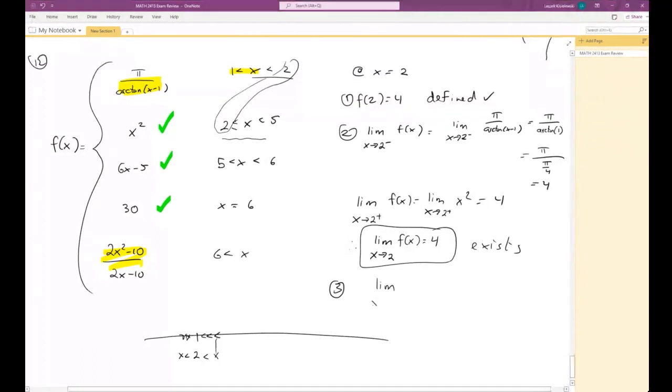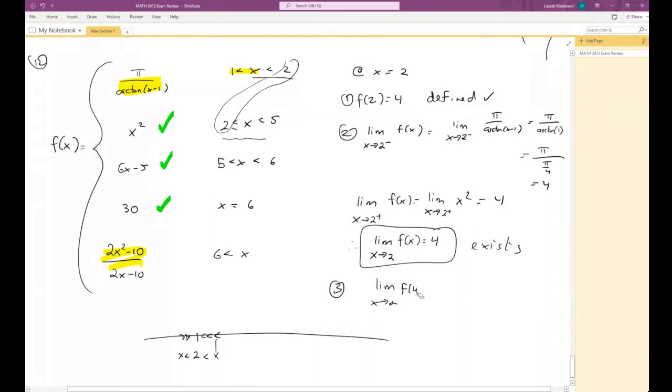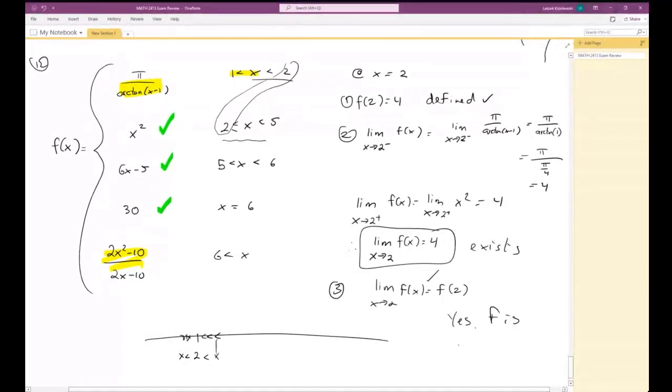So you check for that equality, and indeed we have it. The limit is 4, which is what the function does at 2. So yes, all 3 conditions are met. So we say that f is continuous at 2.